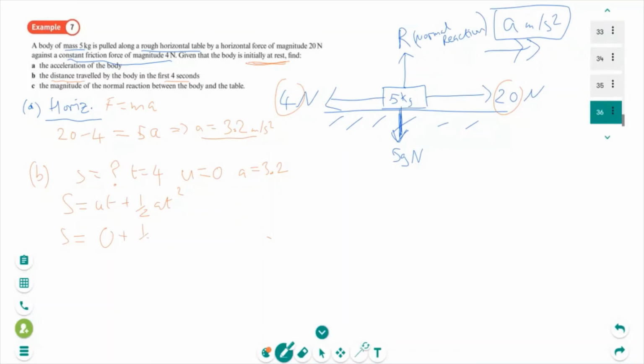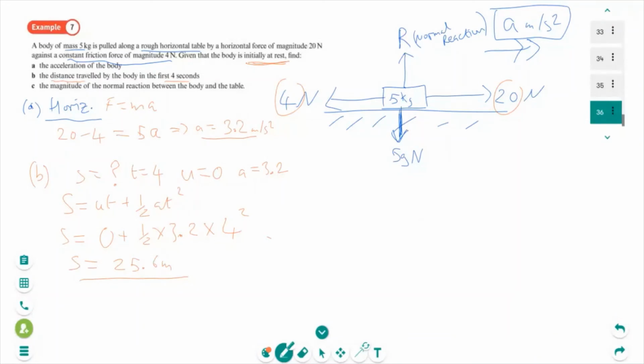Acceleration we proved to be 3.2. And T is given to you as 4. So it's 4 squared. So if you work it out, 25.6 meters. Okay, so that's straight from the Suvat equation.